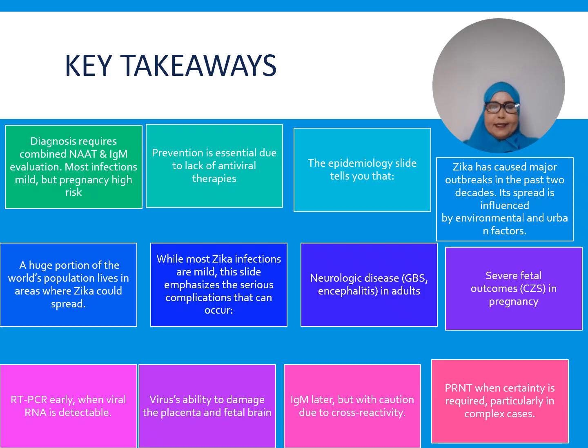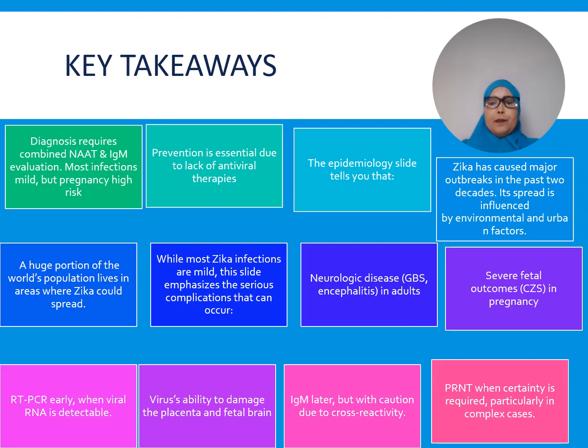Early detection is possible when the virus RNA is detectable. Zika virus's ability to damage the placenta and the fetal brain is high, because if the placenta is damaged, that means the baby is not getting enough nutrition from the mother.